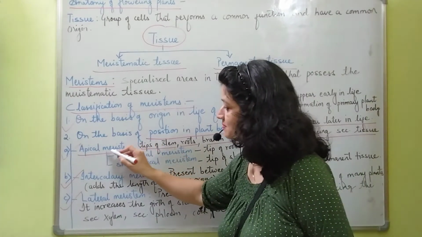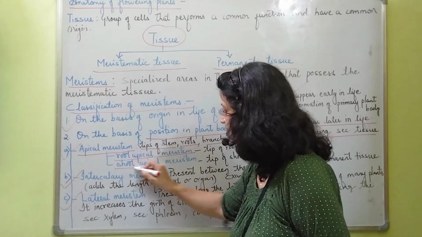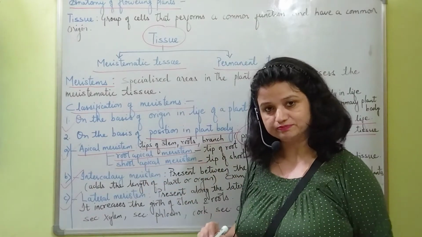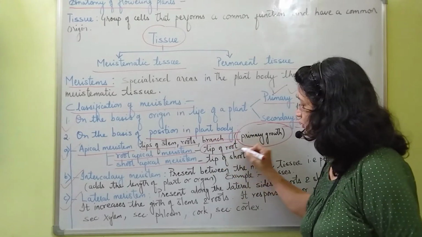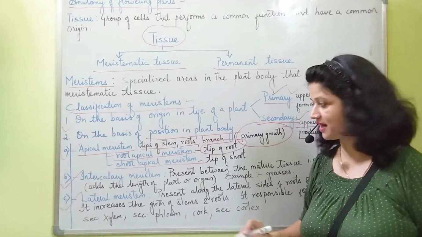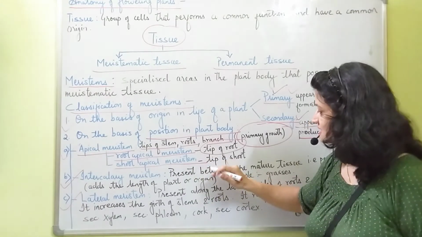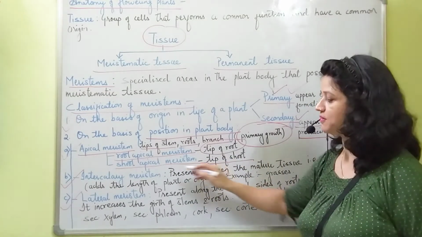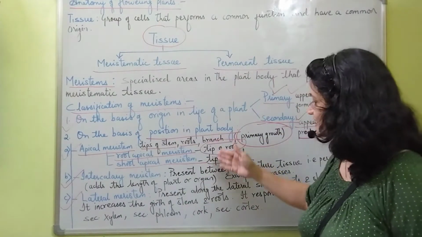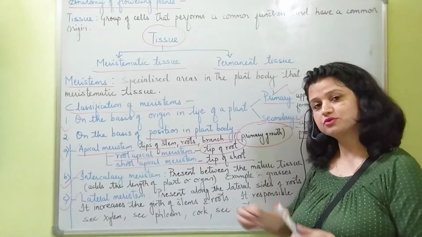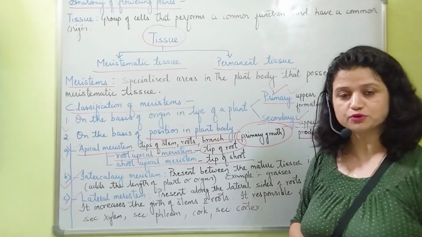It can be further classified into two types, root apical meristem and shoot apical meristem. If the apical meristem is present at the tip of the root, it will be called root apical meristem. And if it is present at the tip of the shoot, it will be called shoot apical meristem.